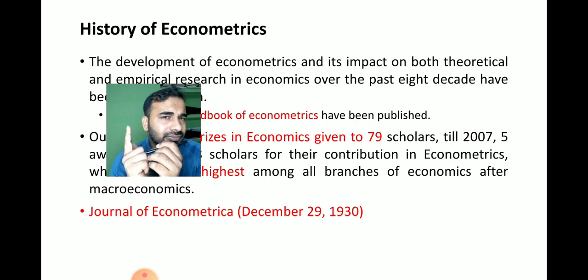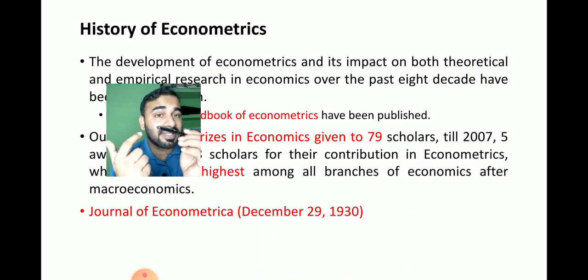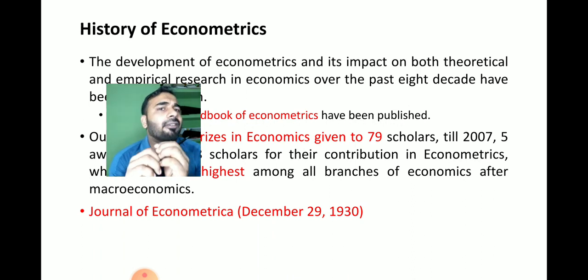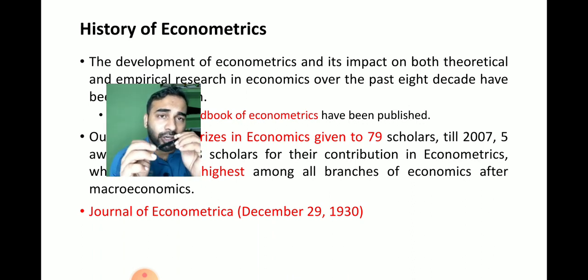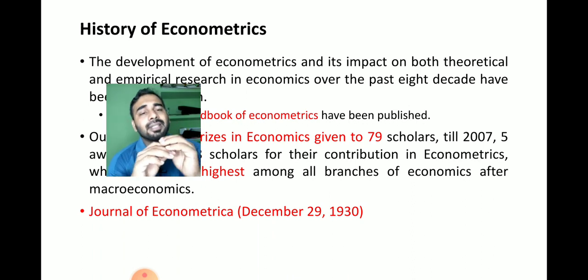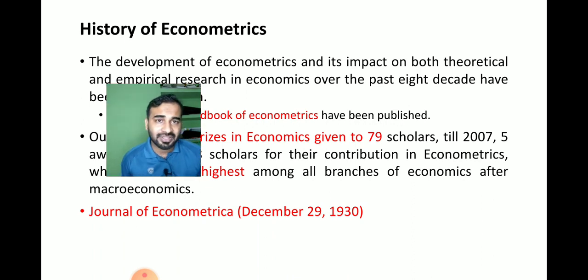Apart from that, the Department of Applied Economics, Cambridge University, and the Cowles Commission in the US also played their own roles, in different ways. Cambridge provided tools to analyze time series data, whereas the Cowles Commission gave models and concepts to discuss the simultaneity problem in economic models. Six volumes of handbooks are published, and the largest number of awards has gone to macroeconomics, the second highest to econometrics.